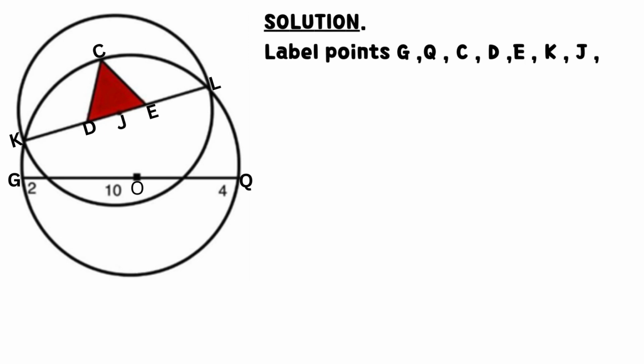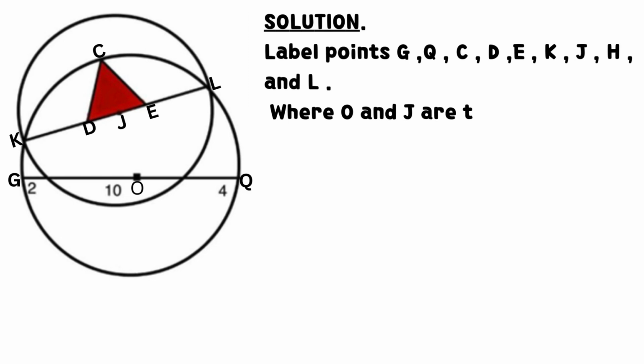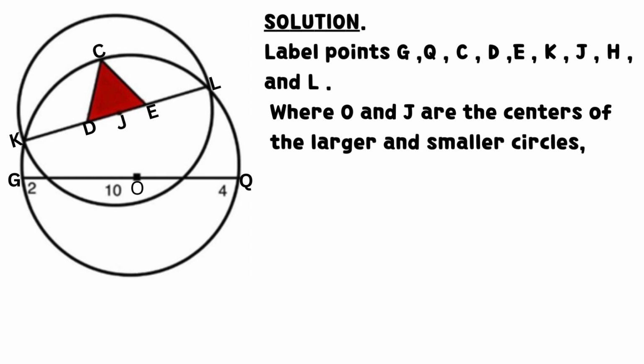Solution. Label points G, Q, C, D, E, K, J, H, and L, where O and J are the centers of the larger and smaller circles, respectively.